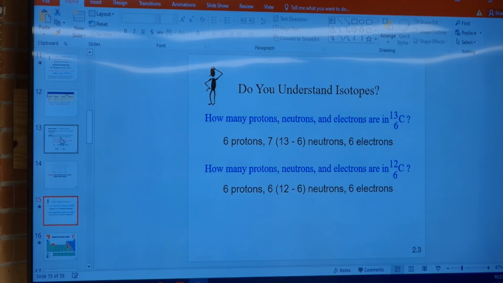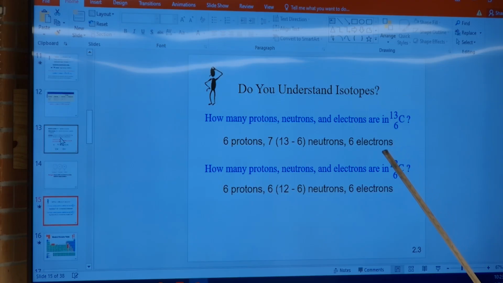Now, with isotopes, if we write this symbol, carbon-13, with carbon's atomic number always 6. If the atomic number changes, then it is a different element. If we write carbon 6, 13, how many protons? Of course, 6. Atomic number comes from proton.